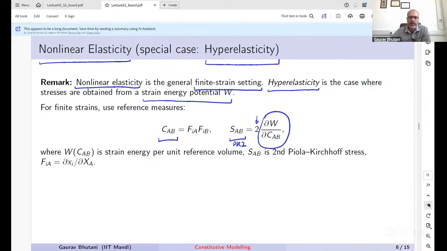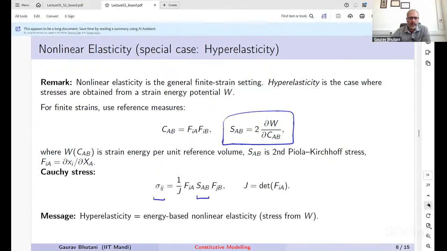So we can express our stress tensor in terms of the derivative of the energy potential. In this case, since we're dealing with finite strains, we deal with finite stress, which is PK2. And there's a relationship between the Cauchy stress tensor and PK2, as we already have discussed in the past.